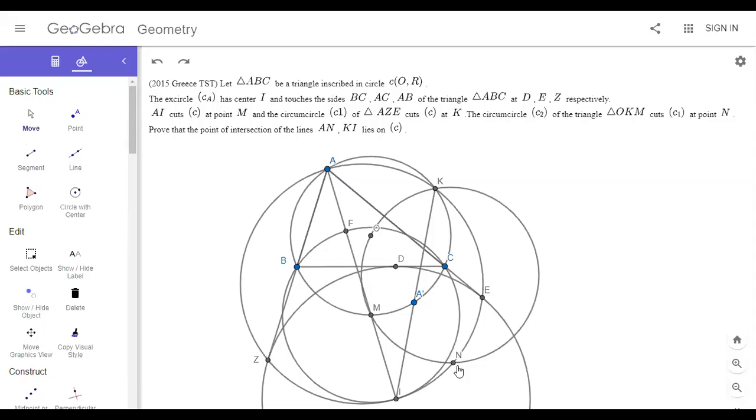Maybe that's some radical axis trick. I don't know. Or maybe not. Let's see.